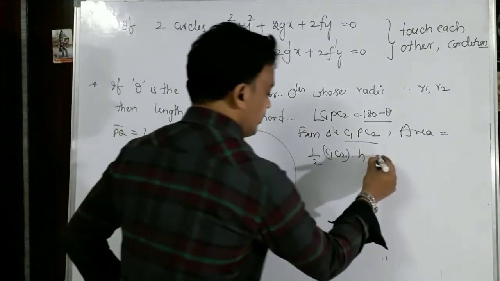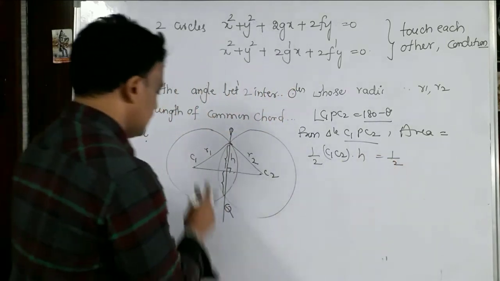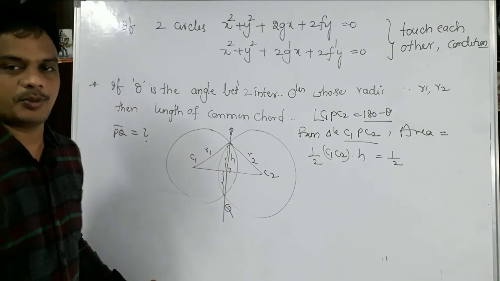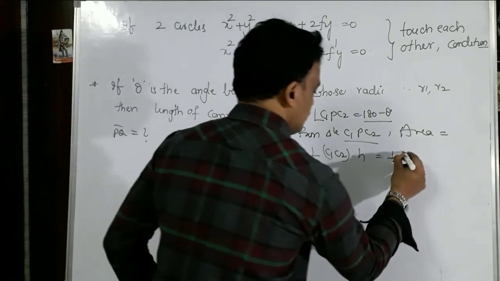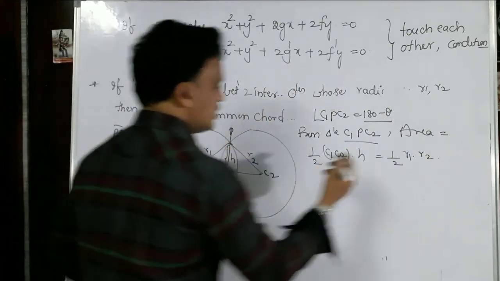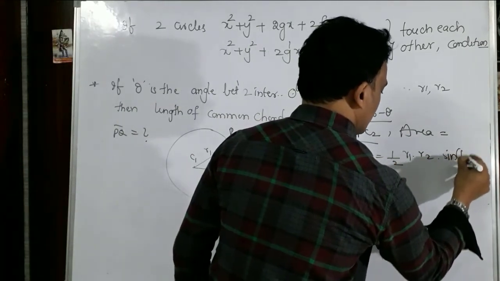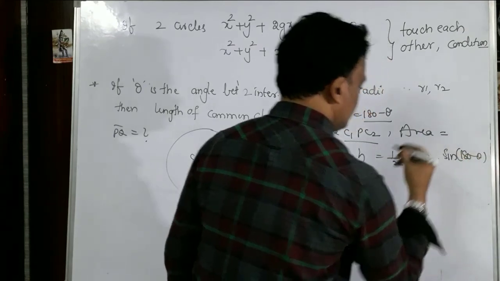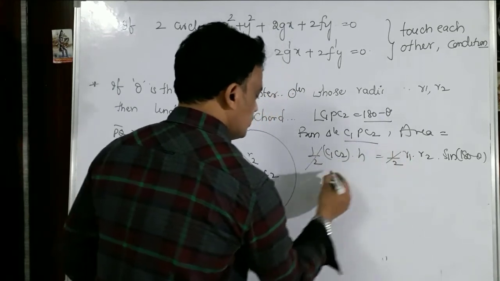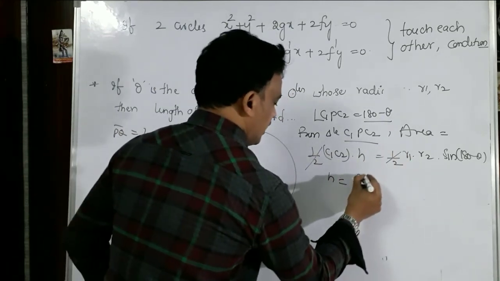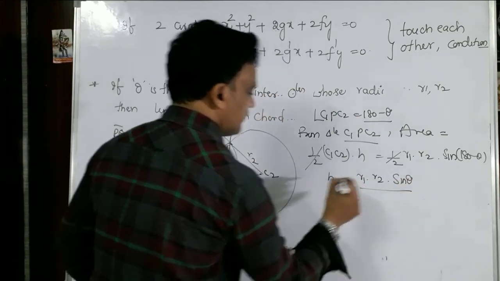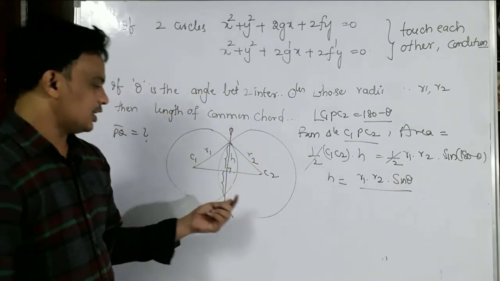At the same time, it is half into R1 R2 into sine of the angle between them, which is sine of 180 minus theta. Now both sides, the halves get cancelled, so H equals R1 R2 sine theta by C1C2.